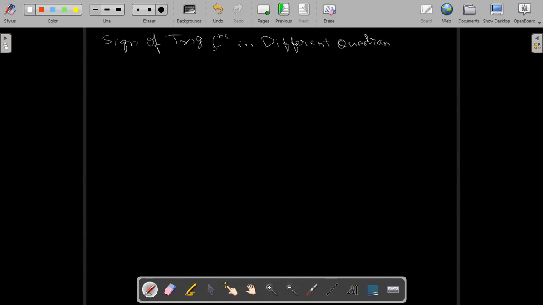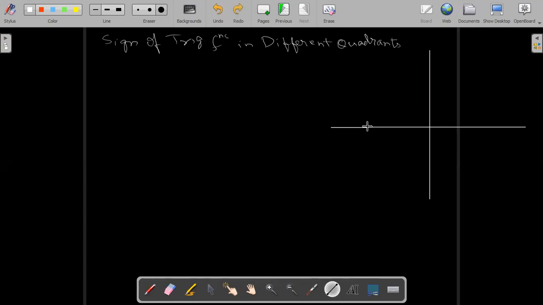So how many quadrants we have? This is very important. You have to fit this in your mind. Otherwise, you cannot do anything in trigonometry. It is very, very important.